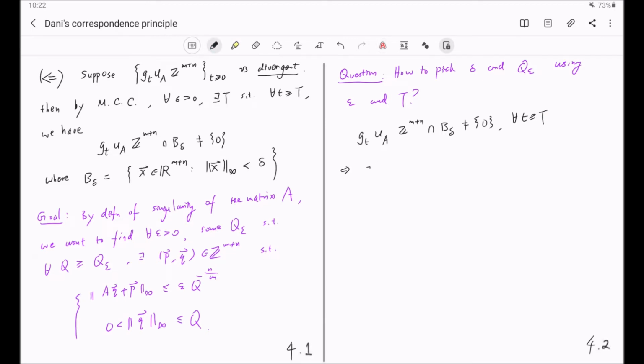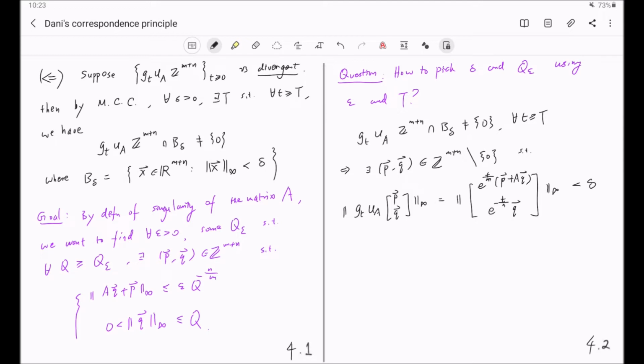This implies there exists a (p, q) in Z^{m+n} minus 0 such that if you consider the infinity norm of g_t u_A (p, q), and this, by our computation before, is equal to the infinity norm of this vector, and this is supposed to be less than delta for some choice of (p, q) that is non-zero.